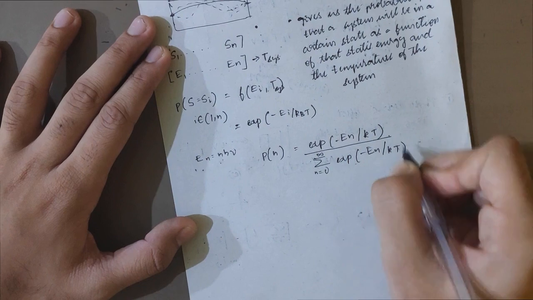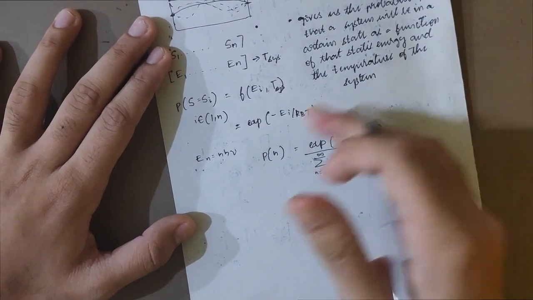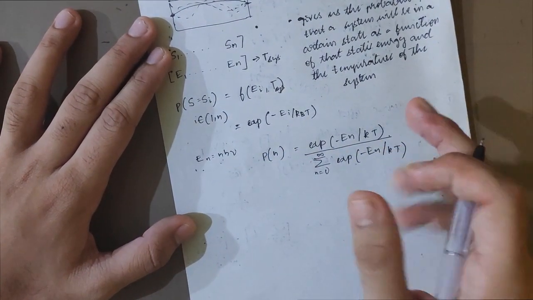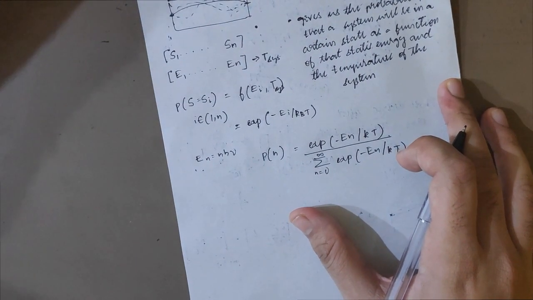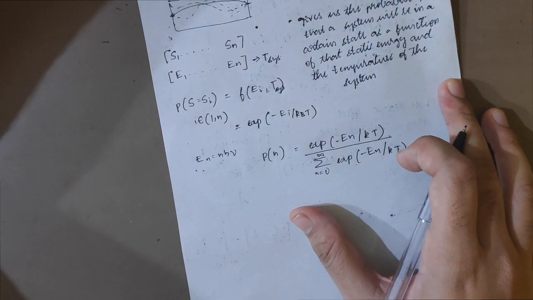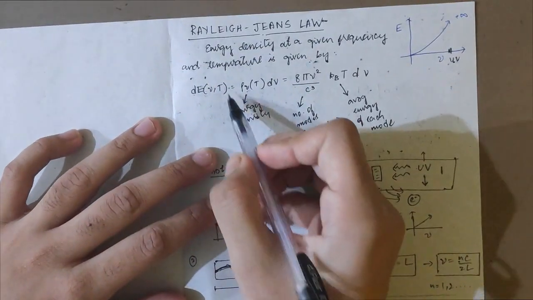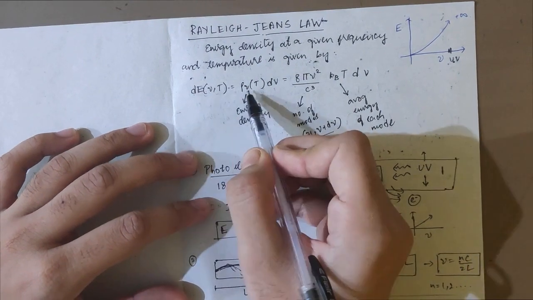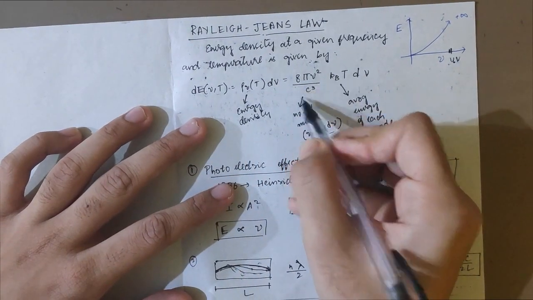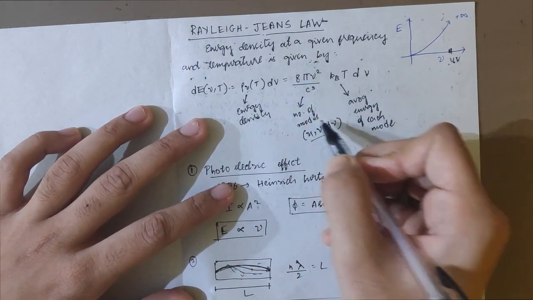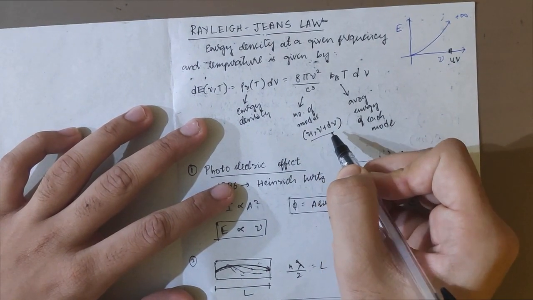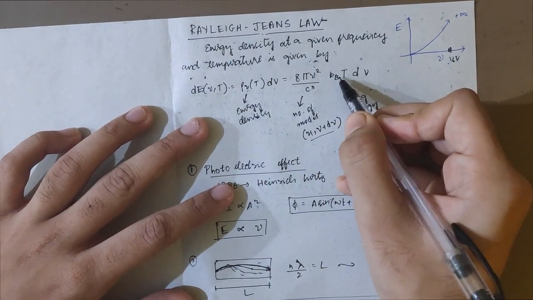The denominator just acts as a normalizing factor so that the probability is between 0 and 1, right? Now our goal right now is to find the mean energy of the mode of frequency mu. Here we found that the energy density was a function of the number of modes in volume in a frequency bandwidth mu to mu plus d mu, and the energy per mode was on average kBT.